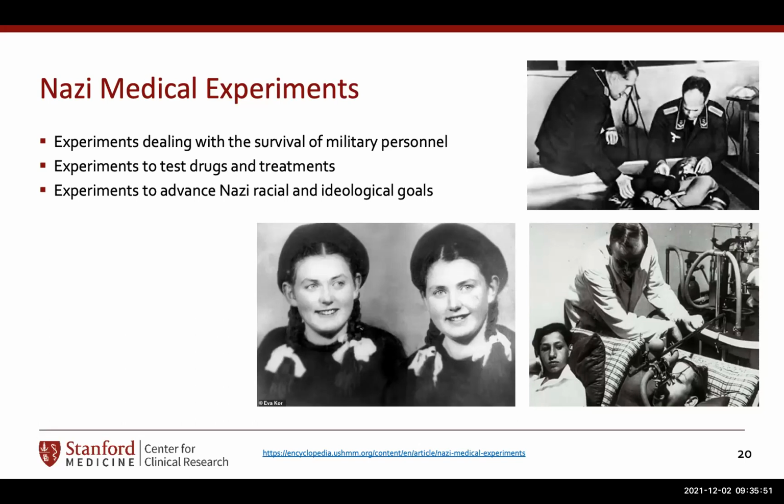The picture on the left is one of the Mengele twins. Dr. Mengele was particularly interested in comparing some of these experiments on twins. He also did multiple sterilization experiments. And the final example was really any experiment that was meant to advance Nazi racial and ideological goals.